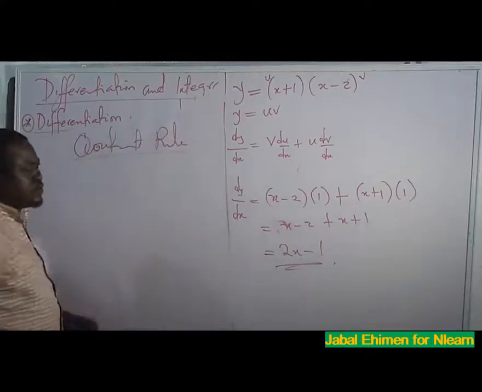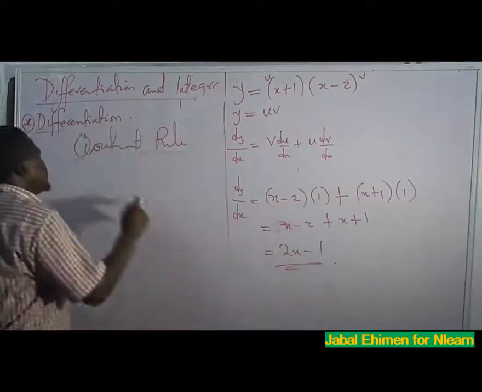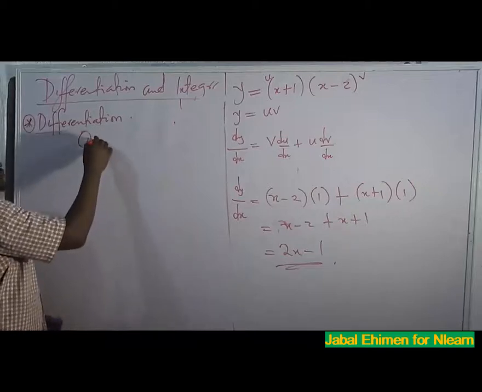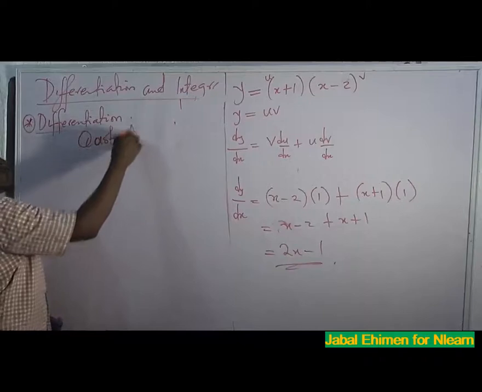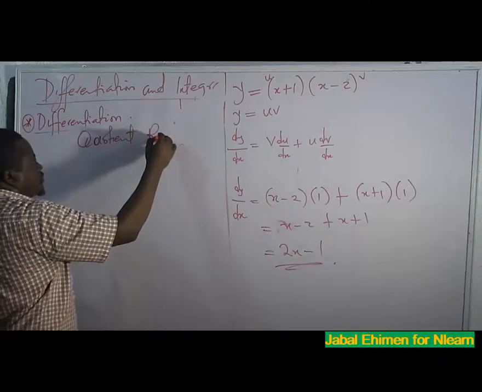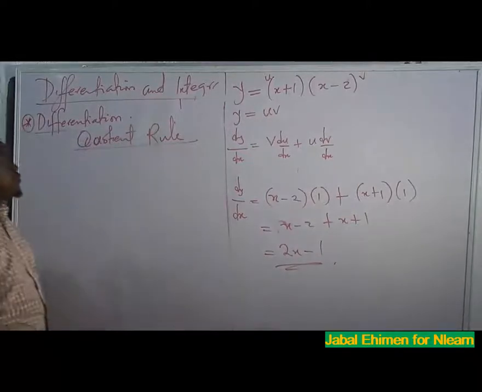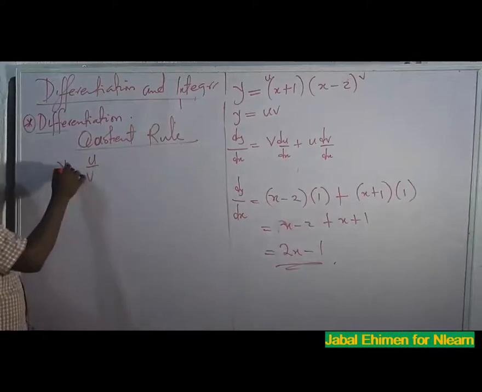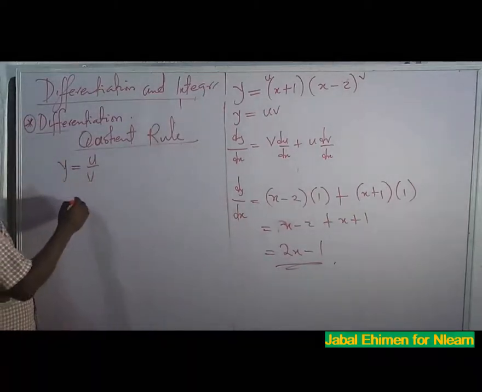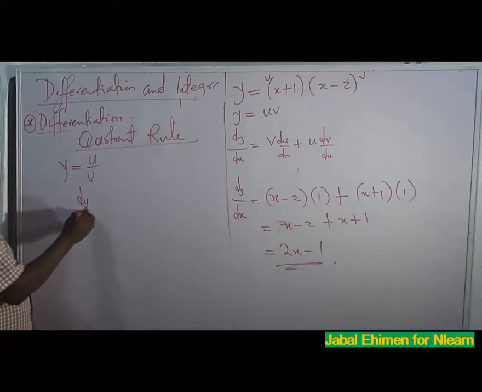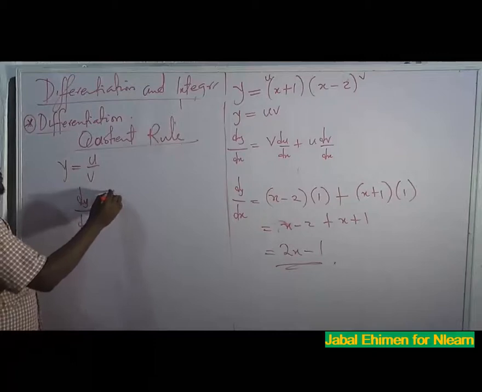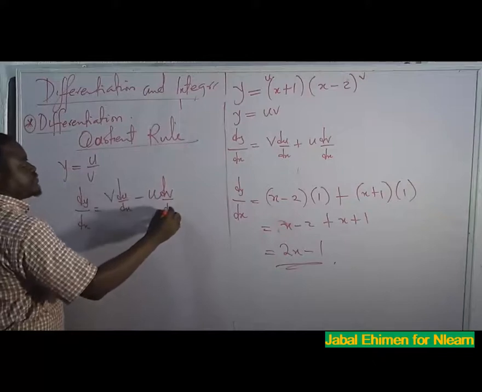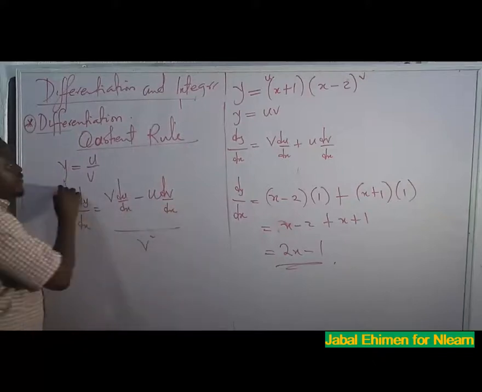You can also call it the division rule. Now, if I have y to be equals to u divided by v, what it means is that dy over dx will give me v du over dx minus u dv over dx, all divided by v squared. So I can have this.